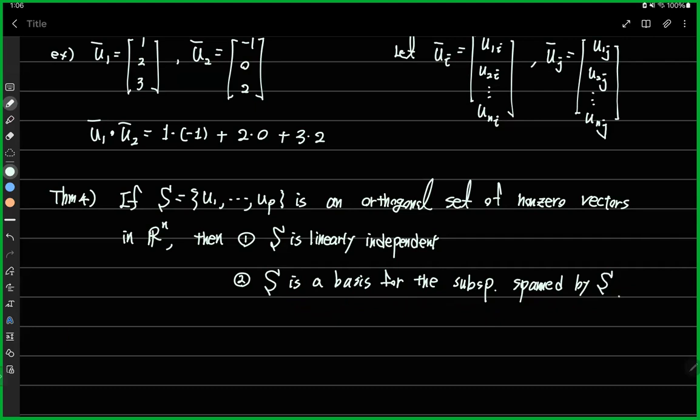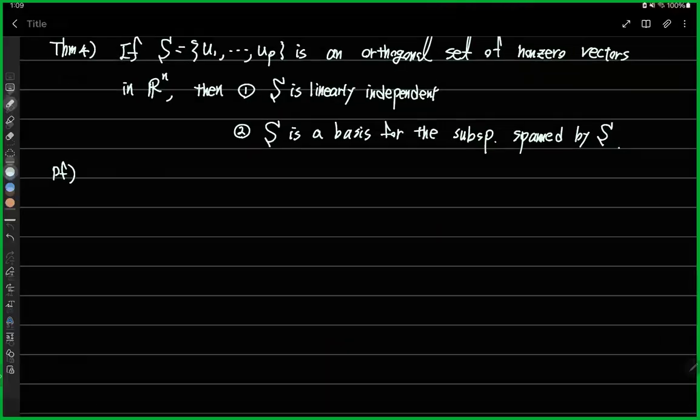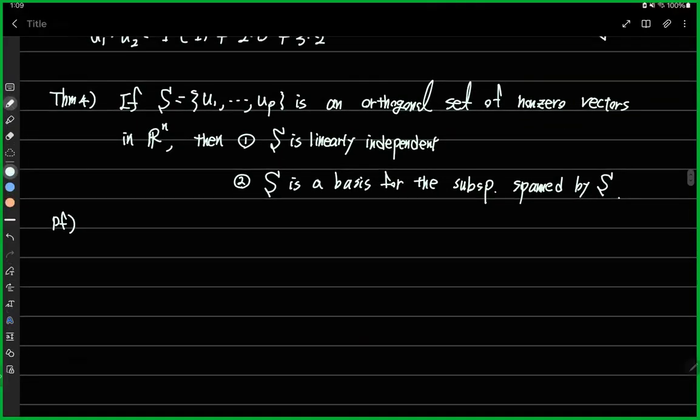So let me prove this. Give me a second. Okay, let me prove theorem 4, the first statement: S is linearly independent. Starting from the definition of linear independence, sigma of ci ui, where this is a vector, i goes from 1 through p, is equal to 0.